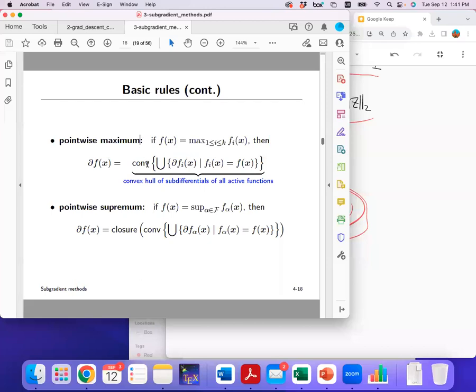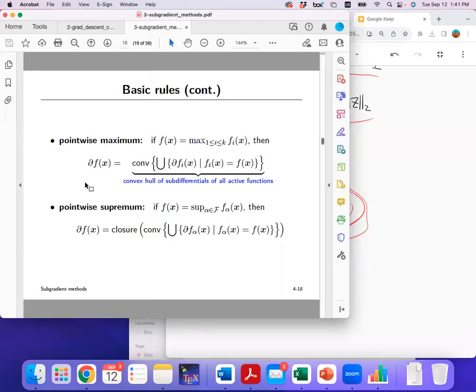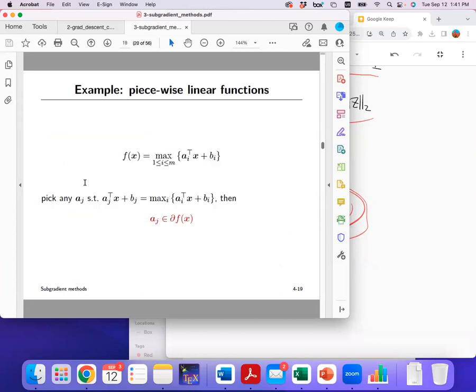But this result says that it can be even bigger, as long as it is within the convex hull of the union of these sets. And this is very useful.